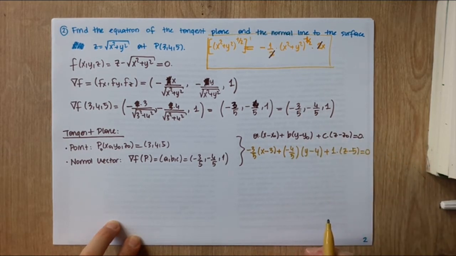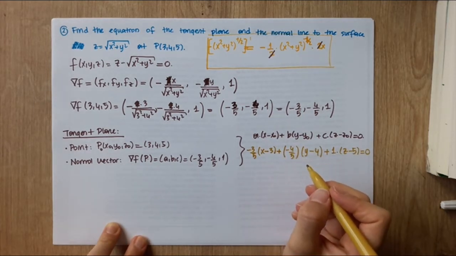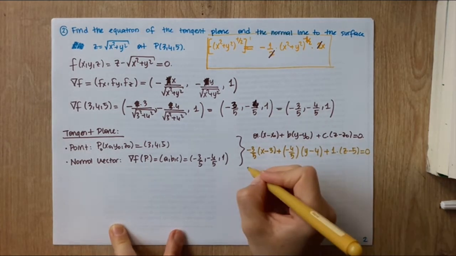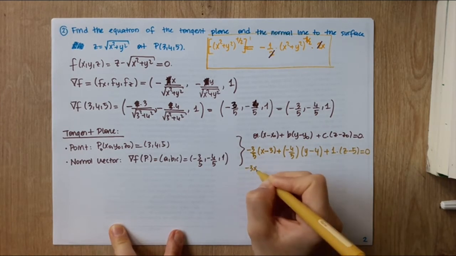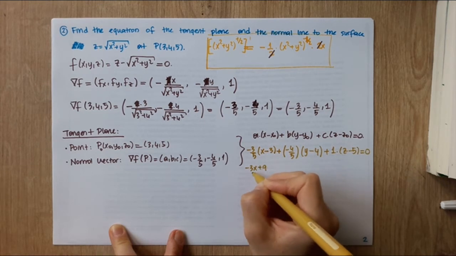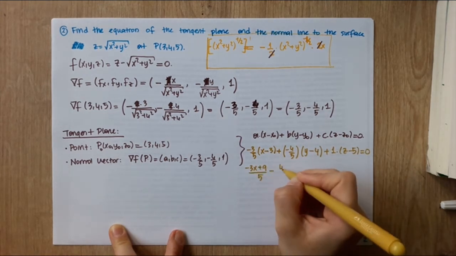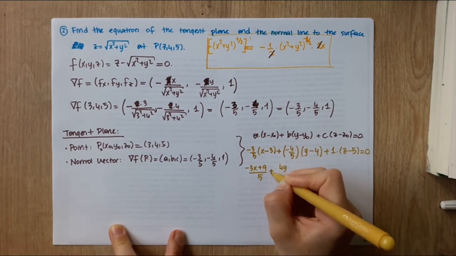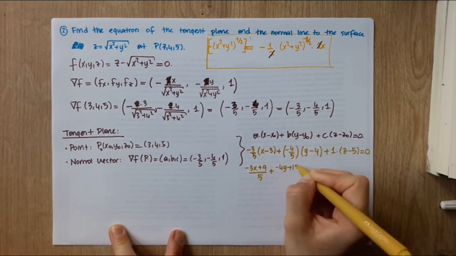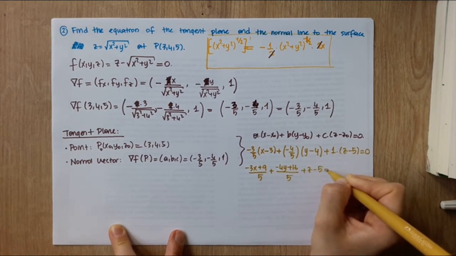If you do the calculations here, you will obtain minus 3x plus 9 over 5, minus 4y plus 16 over 5 plus z minus 5 is 0.